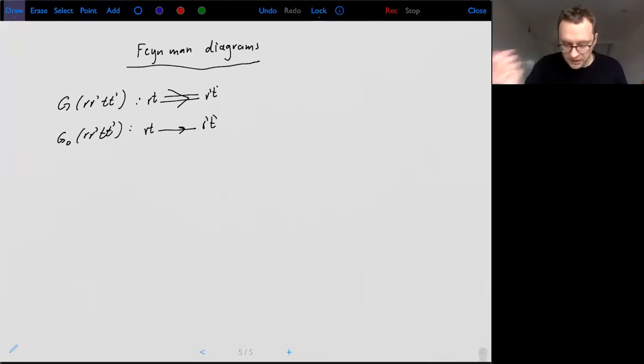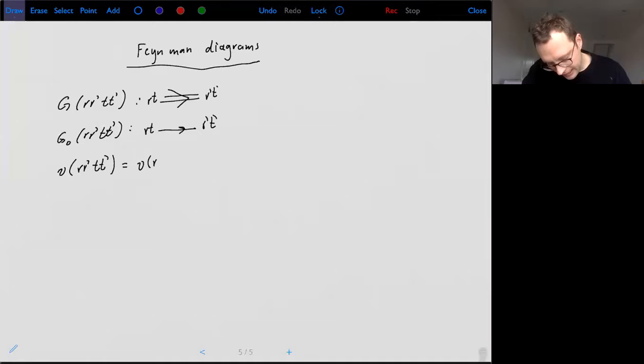And then finally, the only other ingredient is the interaction, which in our case is just the Coulomb interaction. We'll express that as a function of r and r prime and also t and t prime. But of course, the Coulomb interaction acts instantaneously, so this is just proportional to a delta function in the two time arguments.